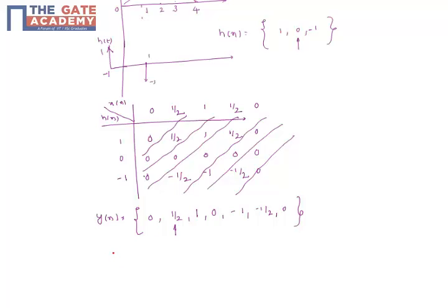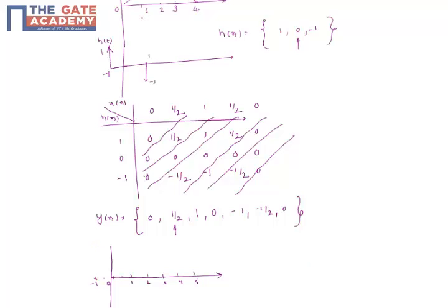Now I'll plot the signal. This is the n equal to 0 point, and because it started with minus 1, I'll represent minus 1 as well. And this is 1, 2, 3, 4, 5. 5 is enough.